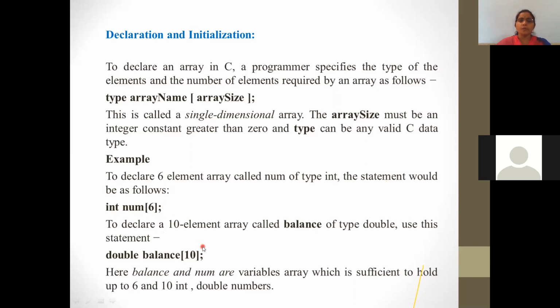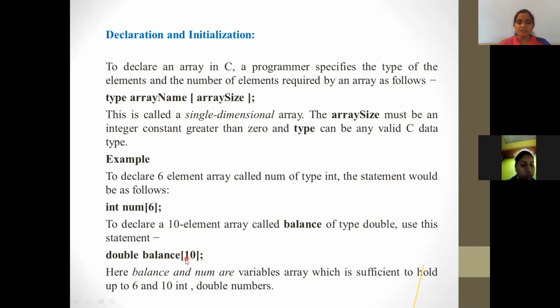Another example: suppose I want to declare another array with the name balance and of the type double, and it consists of 10 different balance values of the type double. Then the statement should be double balance[10]. Double is the data type, balance is the name of the array, and 10 is the size.